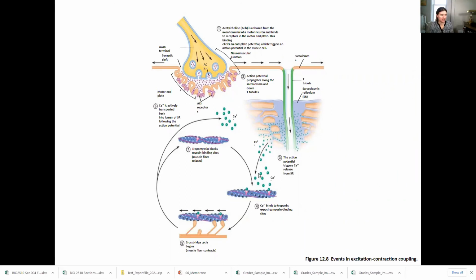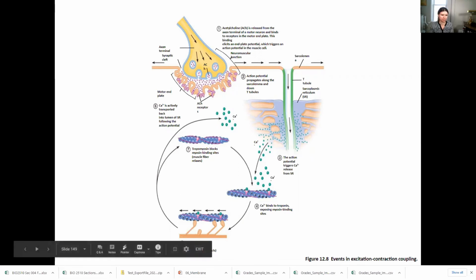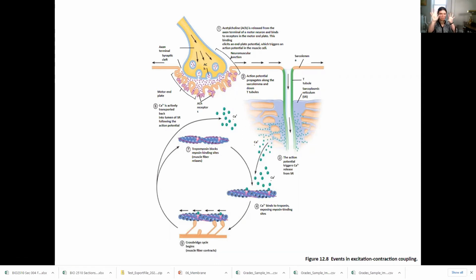When calcium is there, that's the trigger that exposes these myosin binding sites, allows myosin and actin to bind to each other, and allows us to enter that cycle. That's why we call it excitation contraction coupling: it's linking together the excitation, which is that depolarization, that action potential from the nervous system, and the contraction, which is the cross-bridge cycle and that sliding filament model, the muscular side with the sarcomeres.